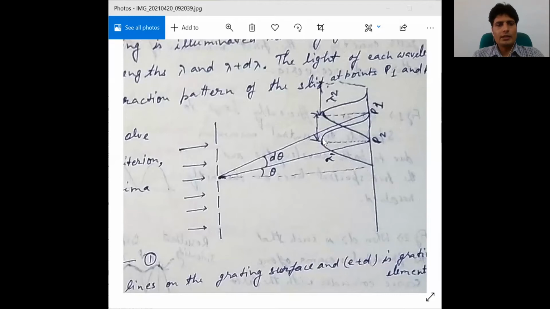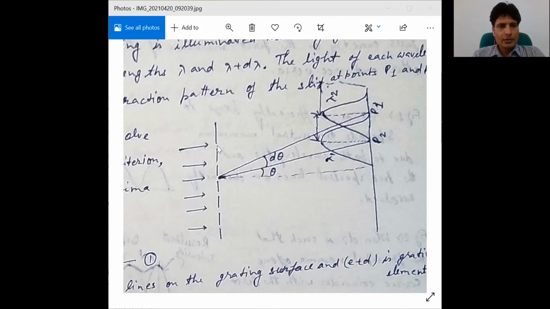If you want to have a real picture of a diffraction grating, you can check it online. However, if you want to make a schematic diagram, it appears as I have shown here. This is the separation between the two slits, and this is the width of the opening.